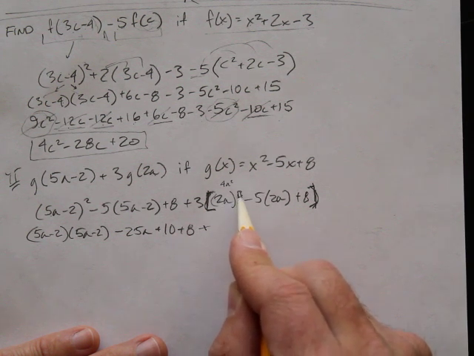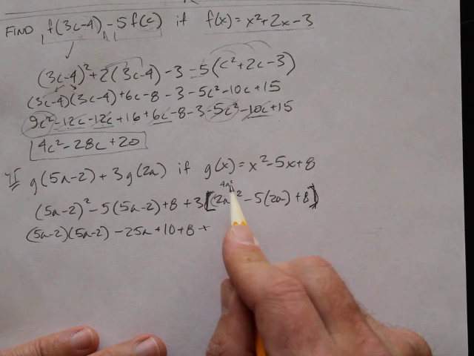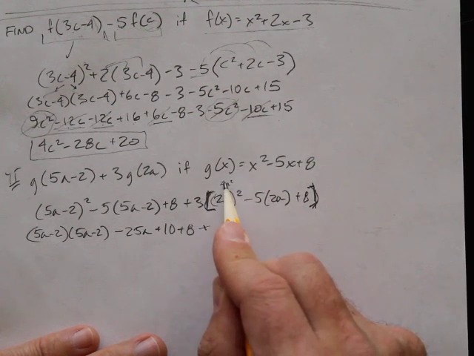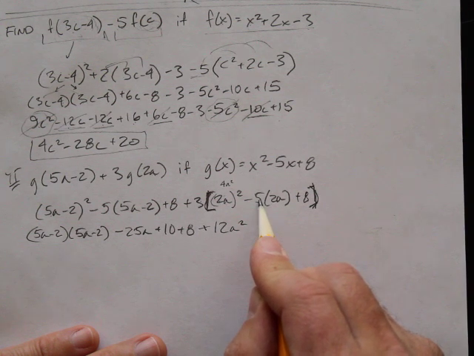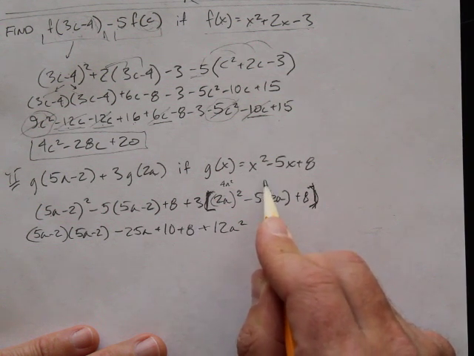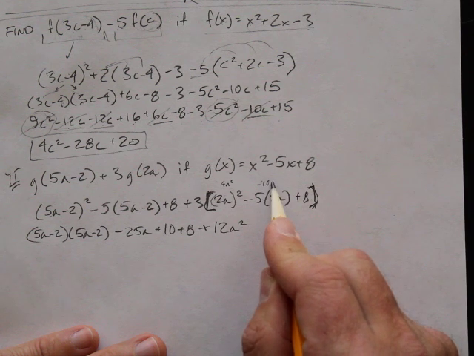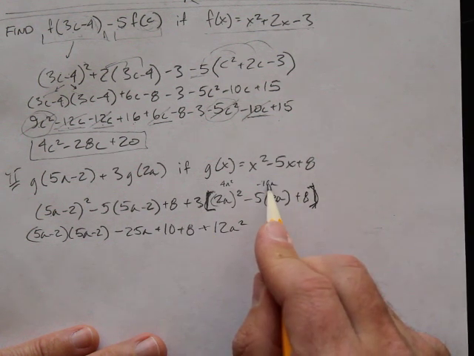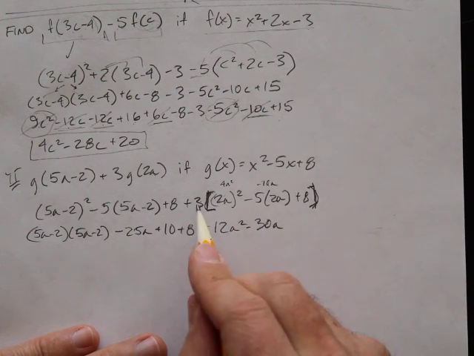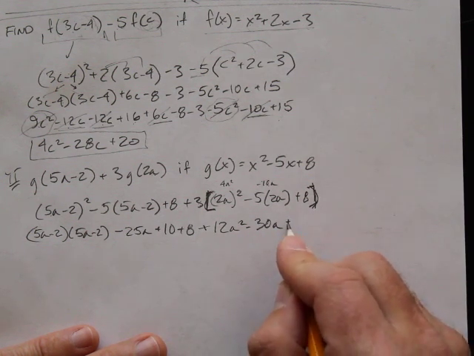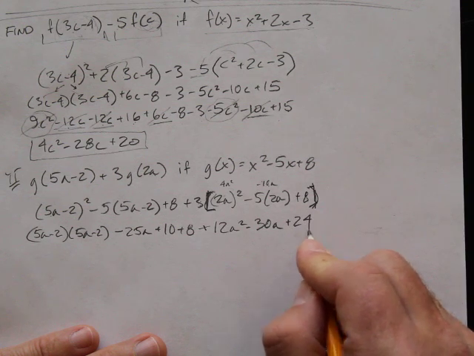Since I'm multiplying these, I distribute the power. So 3 times 4a squared is 12a squared. 3 times negative 5, let's multiply these two here as well, so that's negative 10a. 3 times negative 10a is negative 30a. And then 3 times 8 is positive 24.